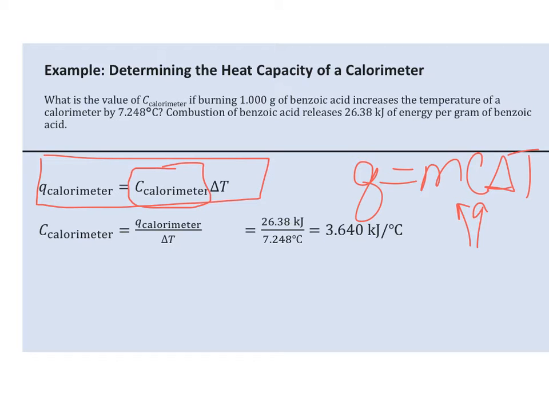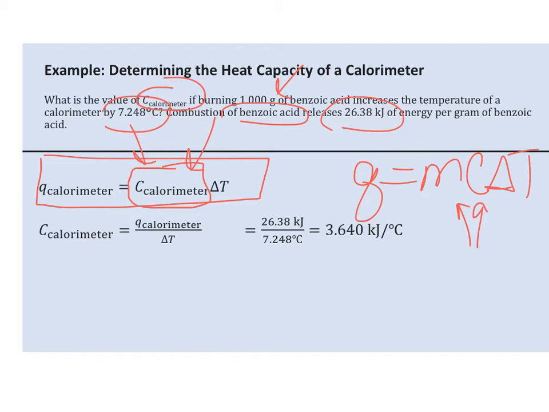And finding that requires an experiment itself. So this is an example that benzoic acid, or something that's known real well, is real commonly used to find the specific heat capacity of a bomb calorimeter. So here's an example of calculating that. They're asking you for a specific heat capacity of a particular calorimeter, and it's saying if you burn exactly 1 gram of benzoic acid, the temperature increases by 7.248 degrees Celsius, and that this much energy is released.